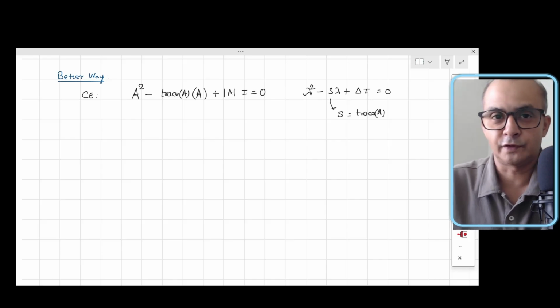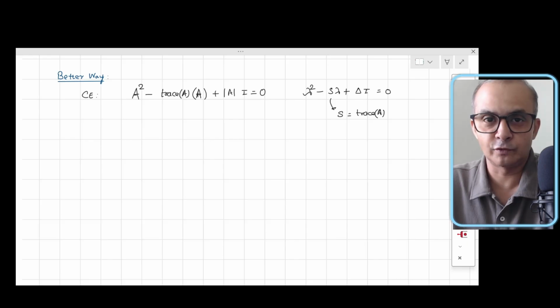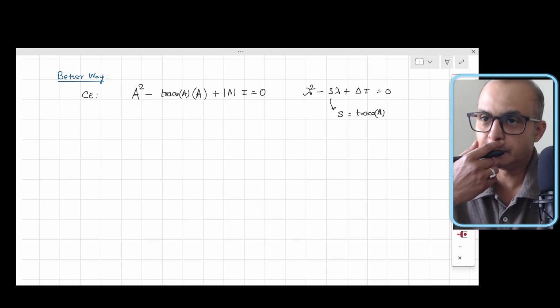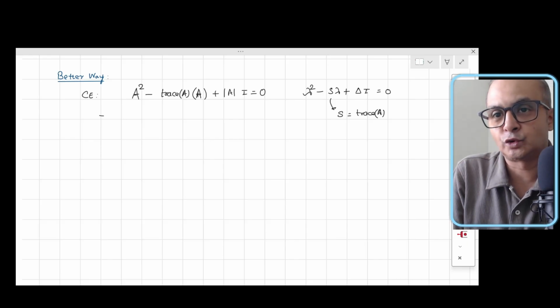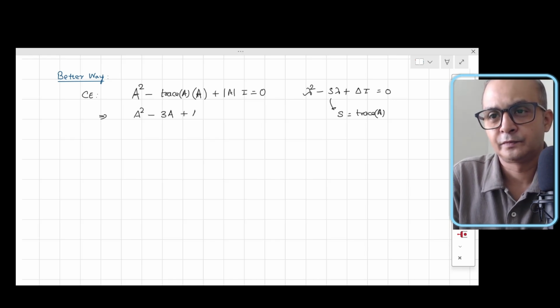Now, since we have to find the determinant of A, and also we have to involve A cube, what we can do is substitute these values first. We know that the trace of A is already given, that is 3. So I can write 3A, and plus determinant of A, I can write as it is.